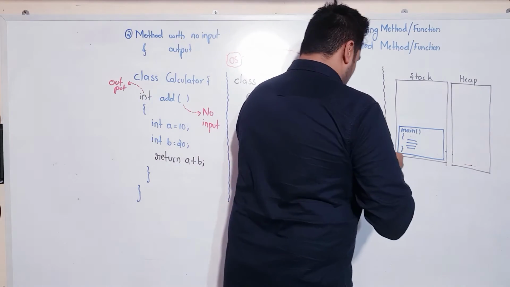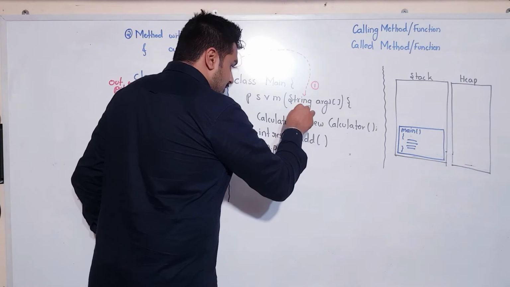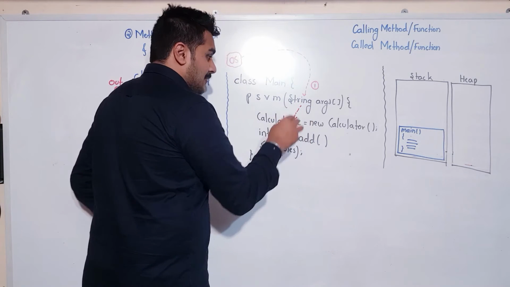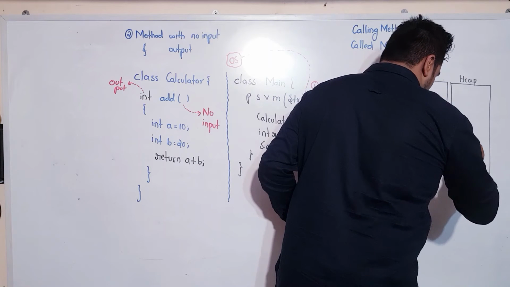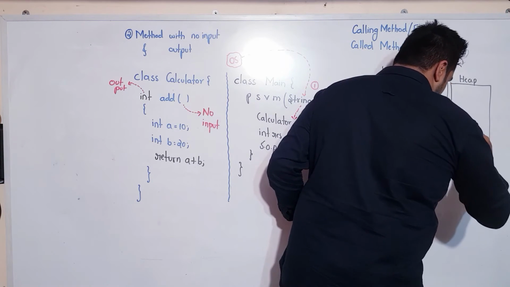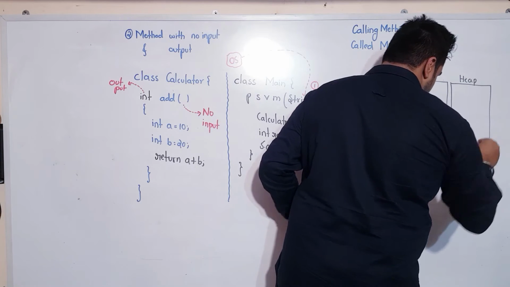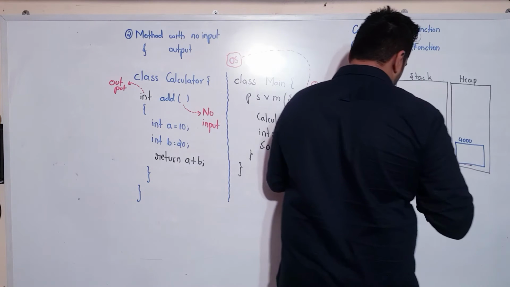Great. Now, once the control came here, I will enter the first line of code. What is it? I'm creating an object. I will create the object at the location 4000. And who is associated with it? One variable C is associated.